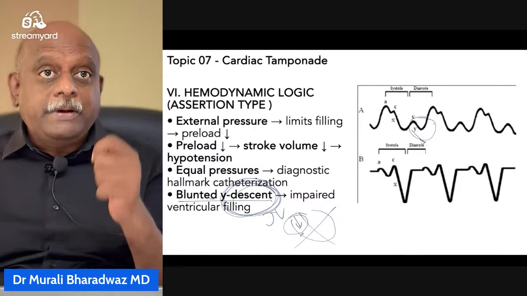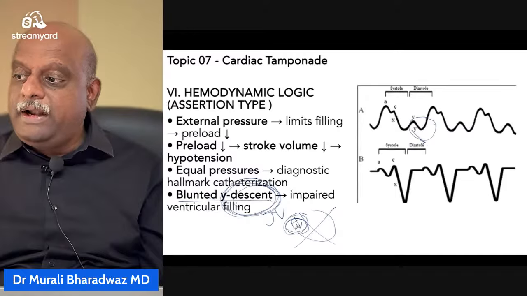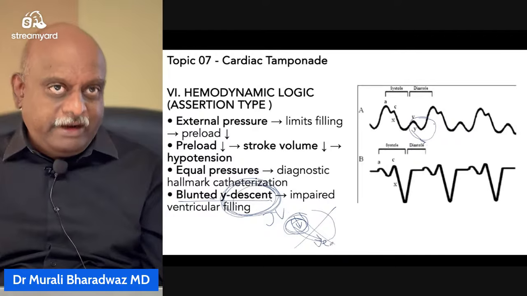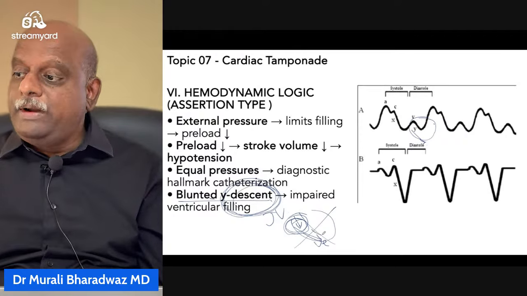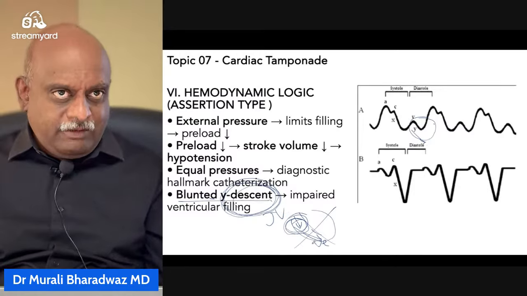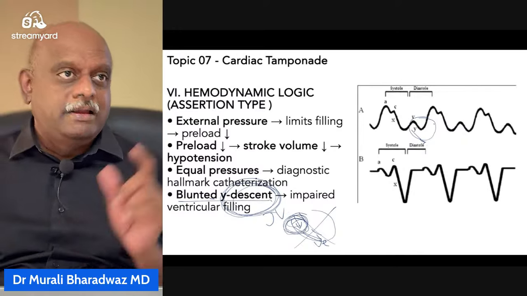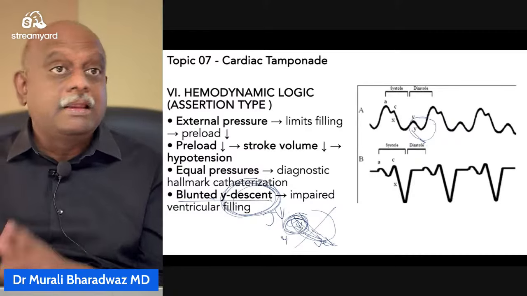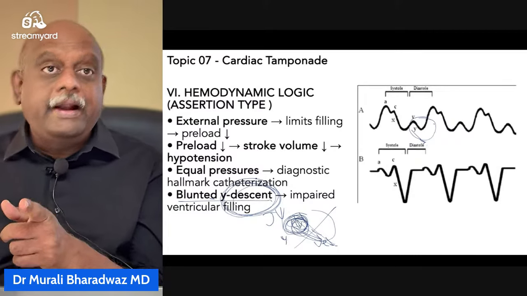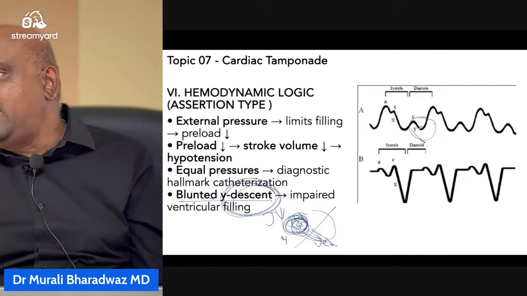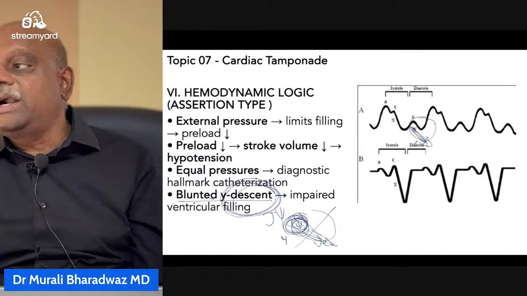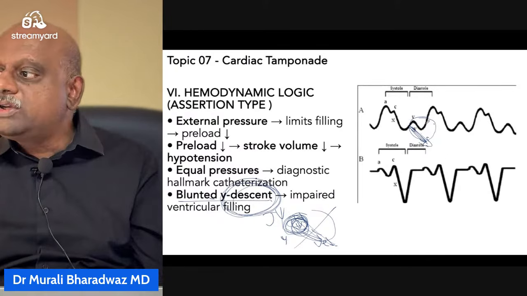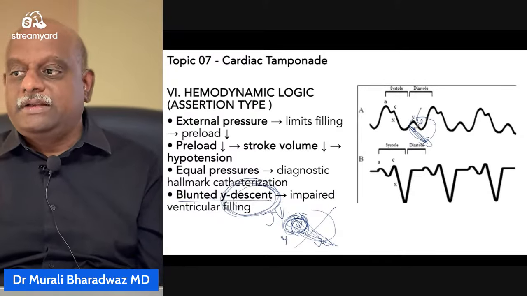When will atrial pressure decrease? When all the blood in the atrium runs into the ventricle. So the moment the AV valve opens and the blood in the atrium moves into the ventricle quickly, the pressure in the atrium will fall down, and that leads to a sudden descent, which is called Y descent.